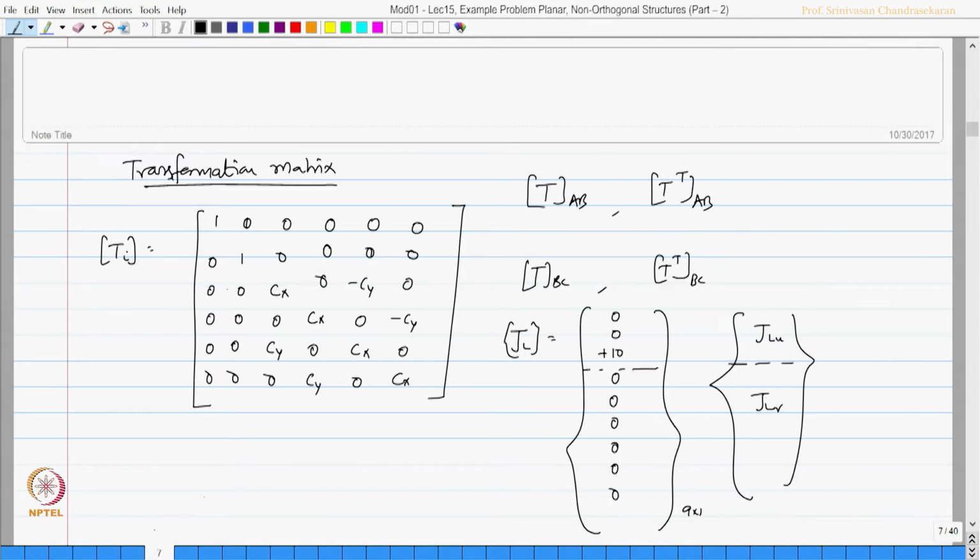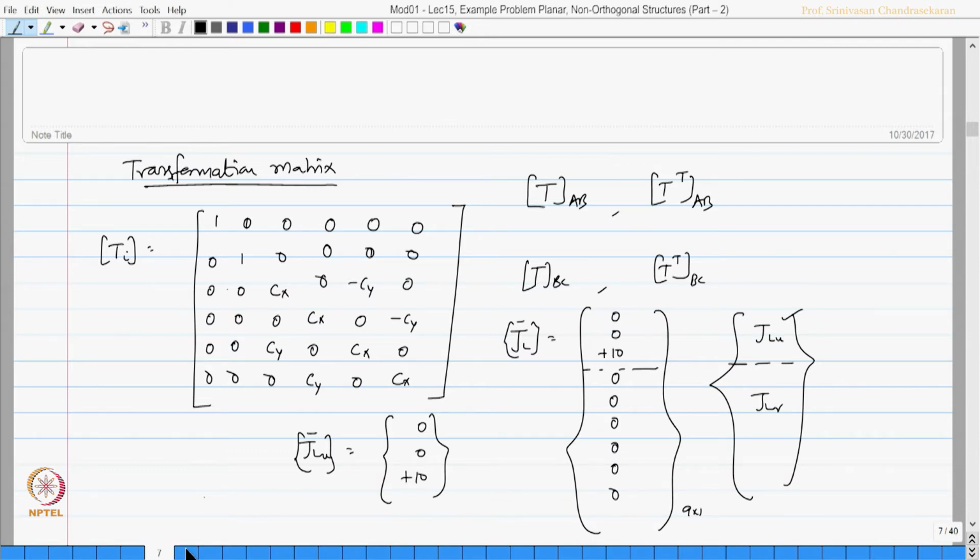Therefore, I partition this matrix at 3, this means JLU. So, JLU is actually 0, 0, plus 10. In fact, I can call this as JLU bar, is it not? Because these degrees of freedom are related to the reference axis system xy. Okay. I get the JL bar.